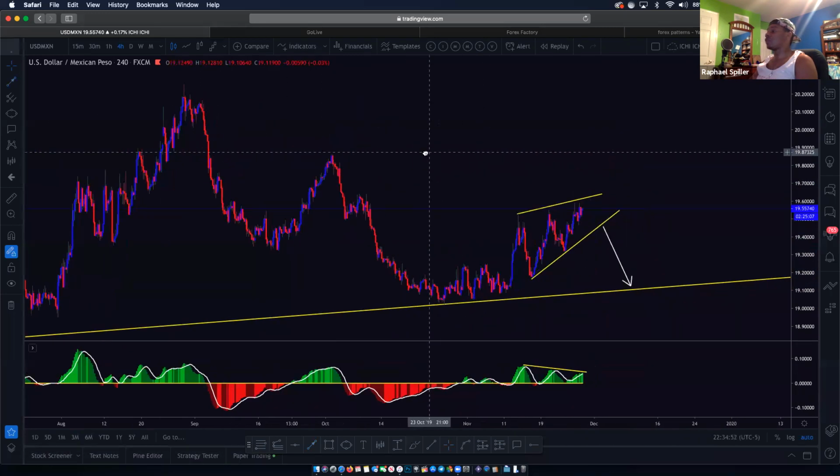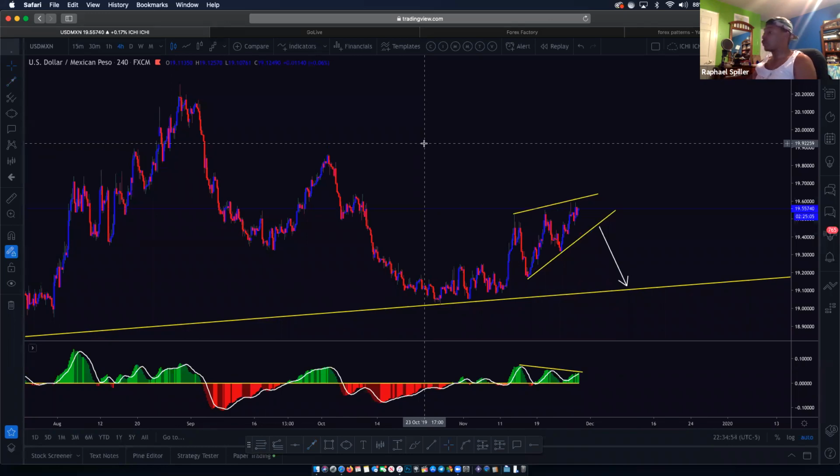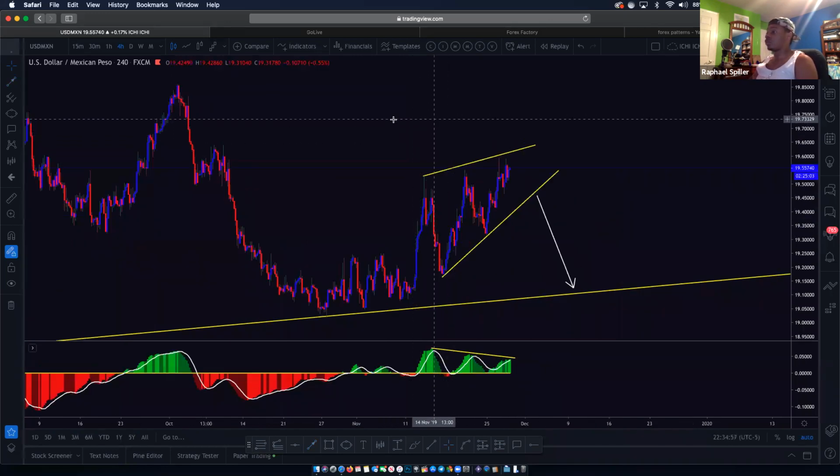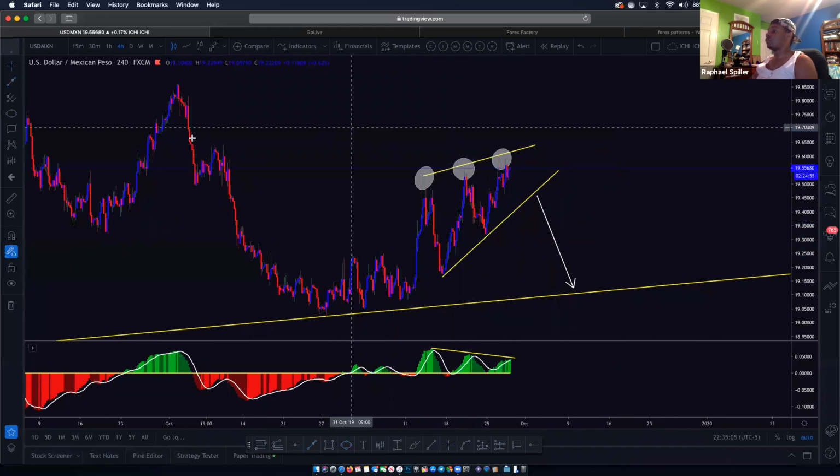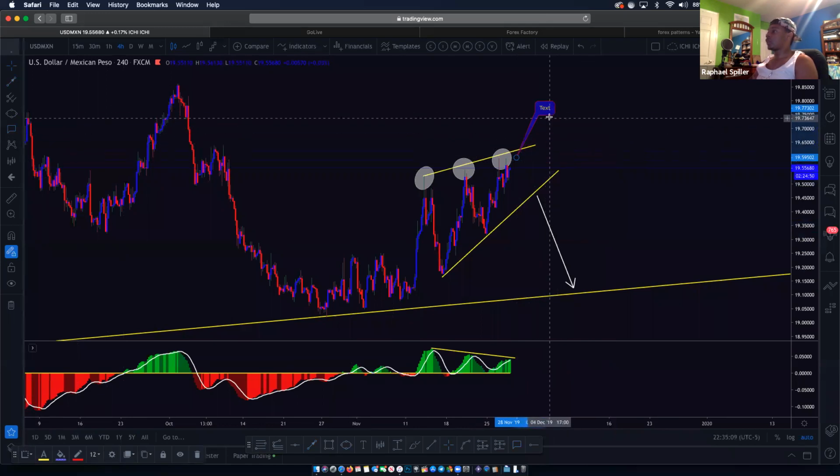We're definitely expecting this sell to happen, this downtrend to occur. So an easy way to get in these trades is look for ways to sell at the top.